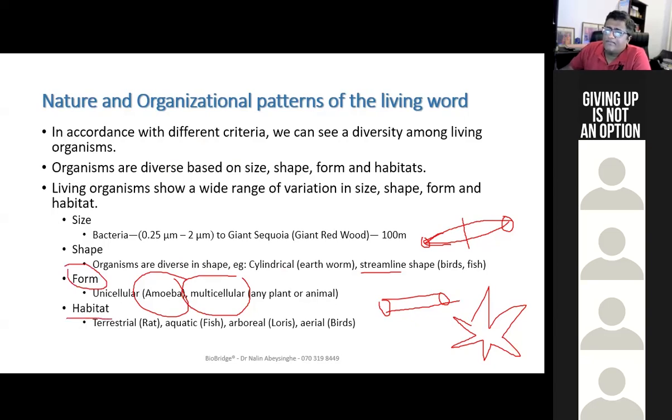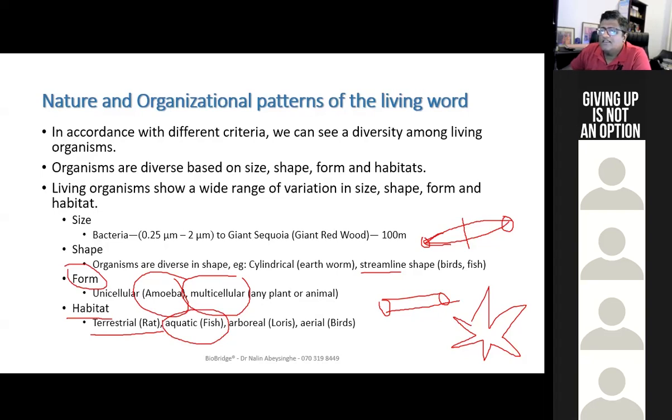Then the habitat, the places they live. Terrestrial is ground. Rats live in holes, dig in the ground, so it is terrestrial. Aquatic is living in water, fish.